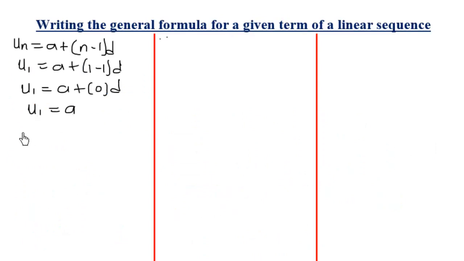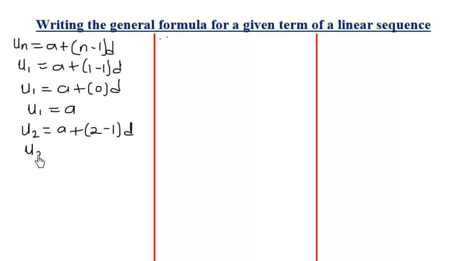Now let's look at the second term, u2. Second term means n is 2. So wherever you see n in the general formula for the nth term, you put 2 there. So the second term is u2 equals a plus 2 minus 1 multiplying d.